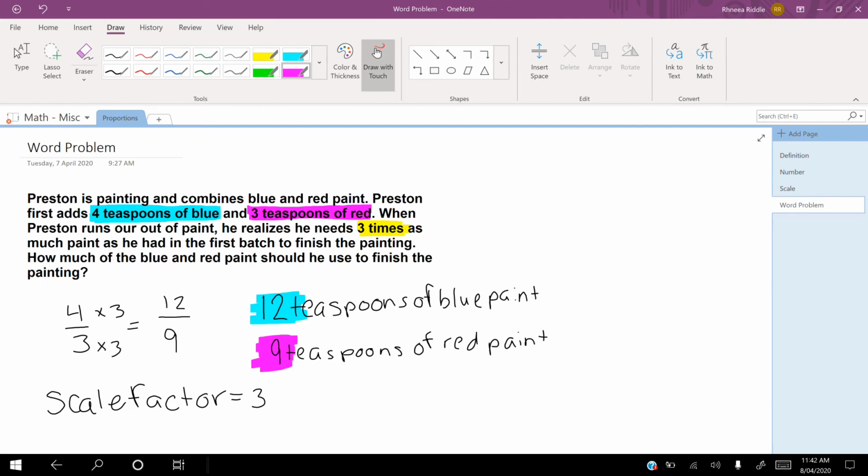So there we have it. That is how we find out how much paint he's going to need to finish his painting. Let's hope he has enough.